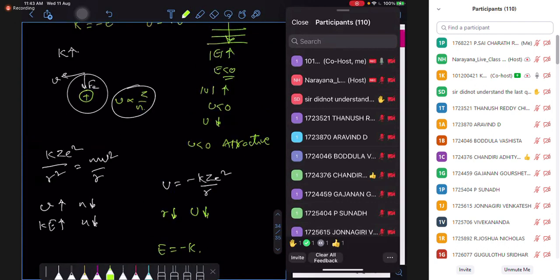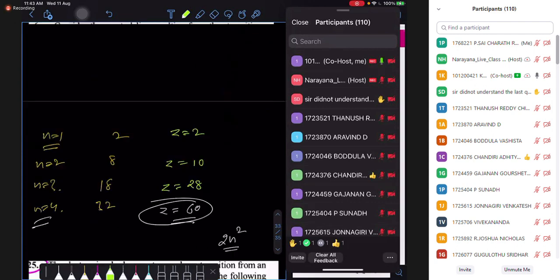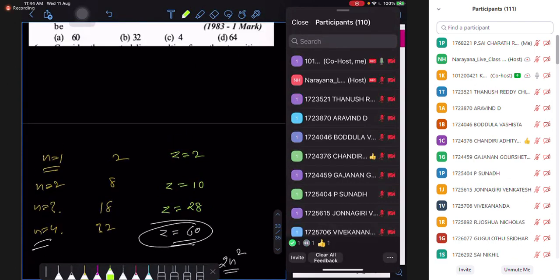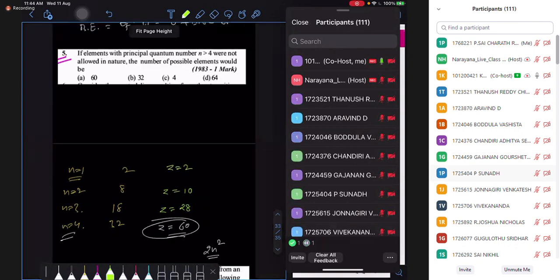The last question. What is the doubt in the last question? So once again, see the last question. It's related to your chemistry, not physics. For n equal to 1, you have 2 electrons. N equal to 2, you have 8 electrons in the atom. N equal to 3, you have 18 electrons.